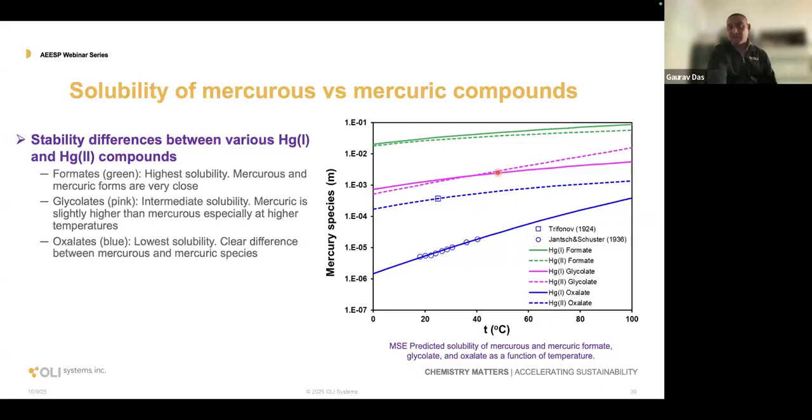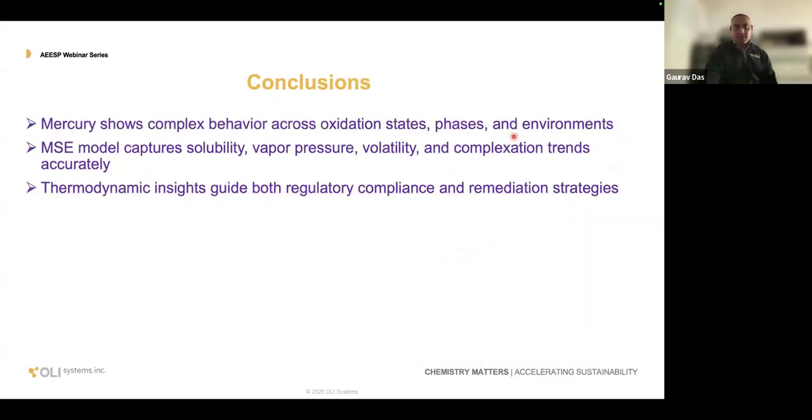However, at higher temperature, the stable precipitating solid phase will be mercurous glycolate. For formate, mercuric formate will always have lower solubility compared to mercurous formate. These are all important in order to devise recovery of mercury for separation purposes.